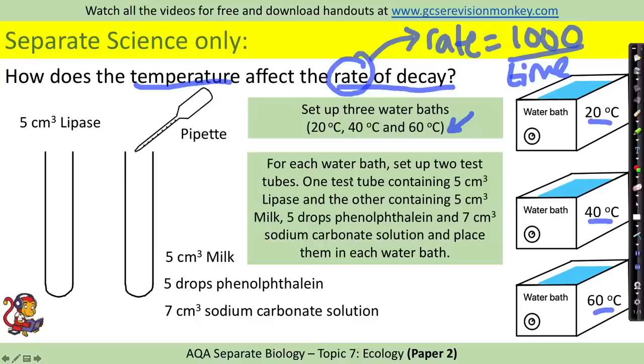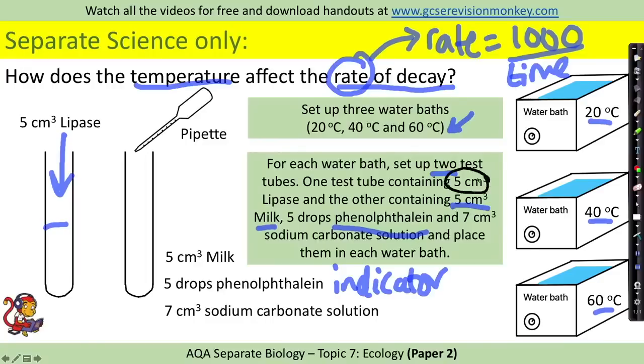Then for each water bath we need to set up 2 test tubes, or you can use boiling tubes, either is fine. One test tube contains 5 centimetres cubed of lipase. In the other test tube we're going to put 5 centimetres cubed of milk, 5 drops of phenolphthalein, which is our indicator, and 7 centimetres cubed of sodium carbonate solution.